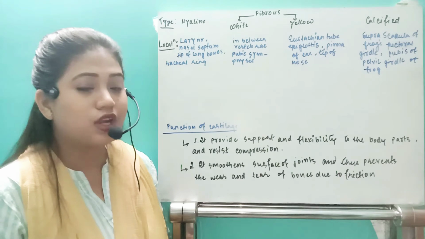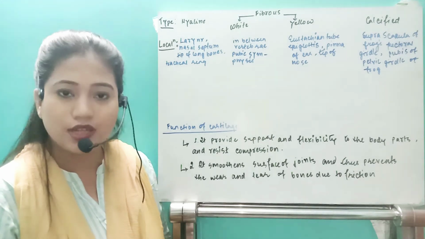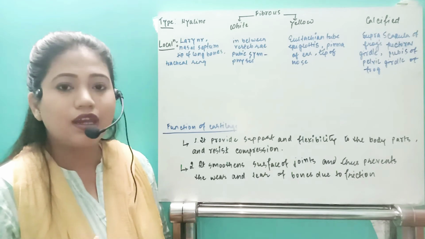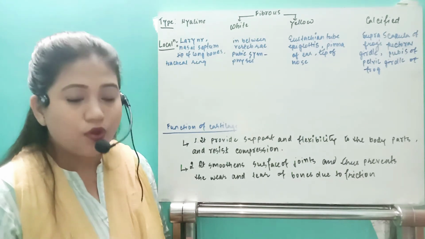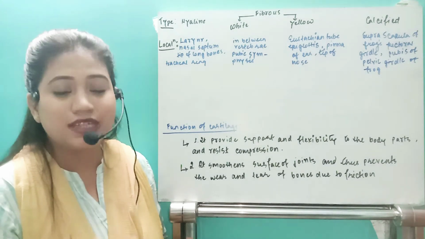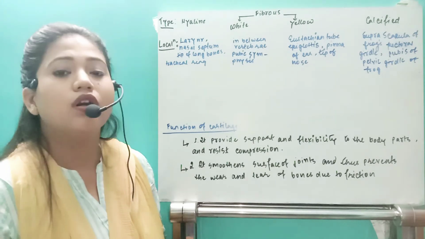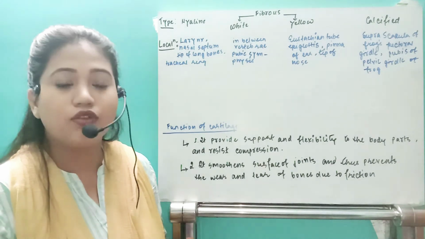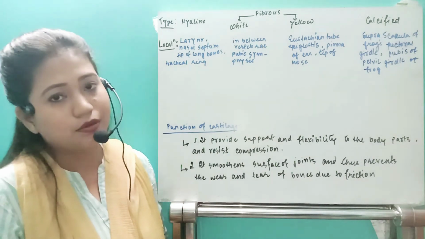Because of the fibrous cartilage, we can stand on our vertebral column for the whole long day. It's not that we suddenly have to take rest. The vertebral column gives us that capacity so that we can maintain our posture the whole day long. This is because the white fibrous cartilage is present.